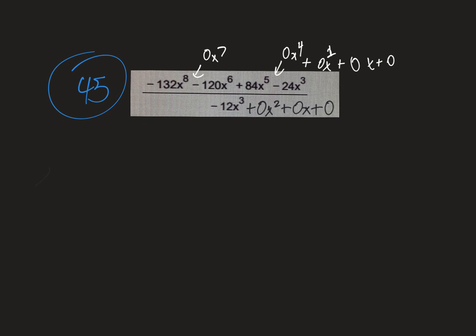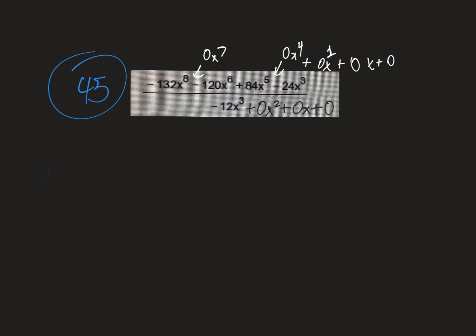Can we somehow beat this rather than trying to set up long division with this? And the answer is, of course, absolutely. We could ask ourselves, can we reduce this fraction? Do all of these terms divide by the same value, right?